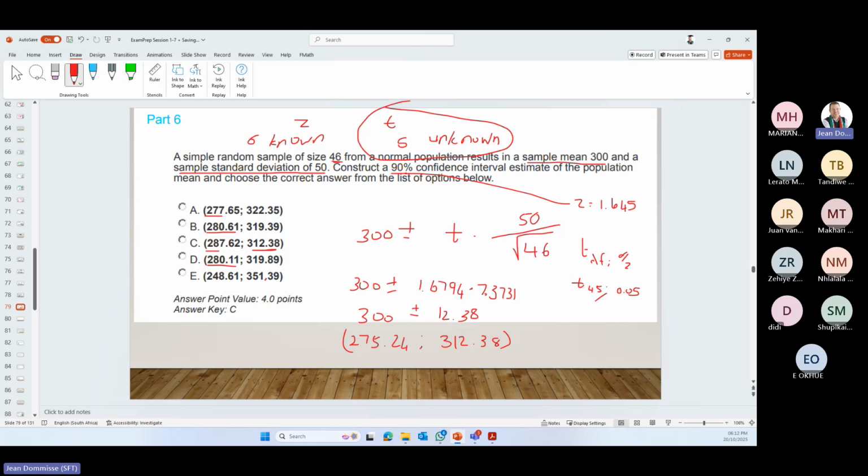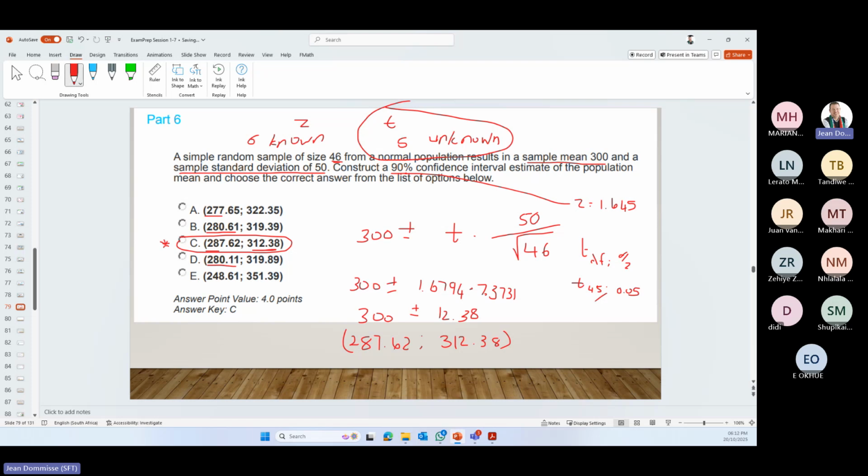I think I double subtracted here. So 300 minus 12.38, 287.62.